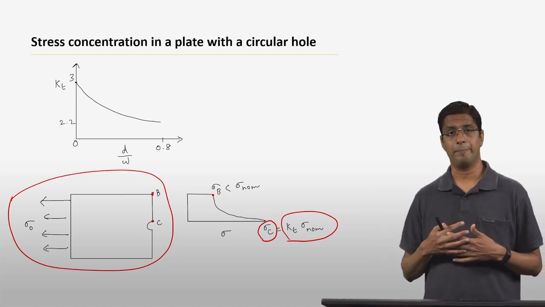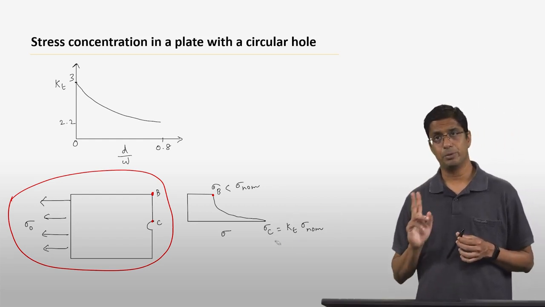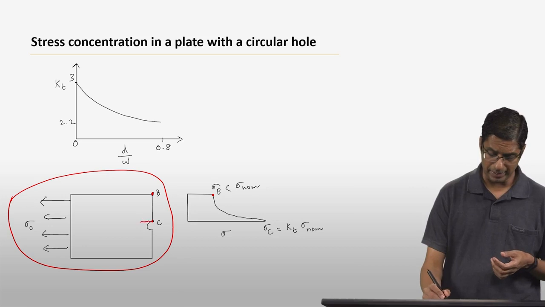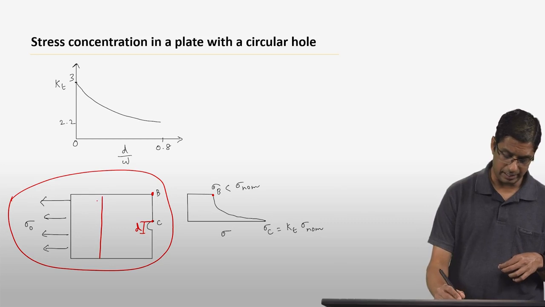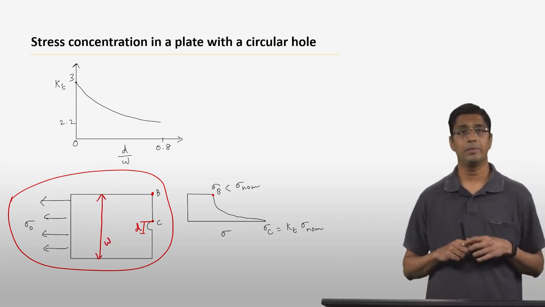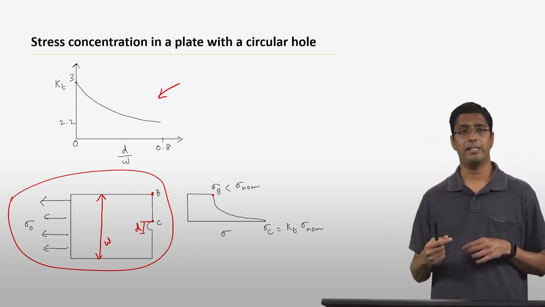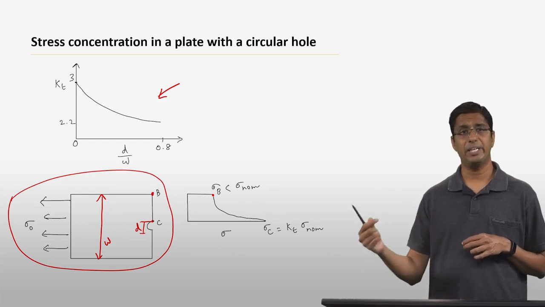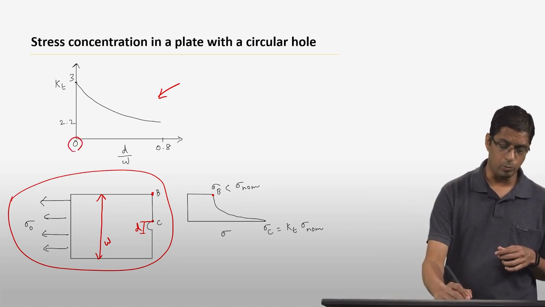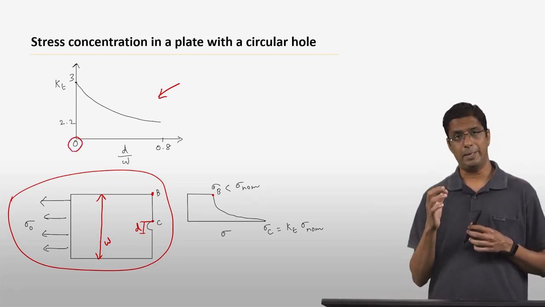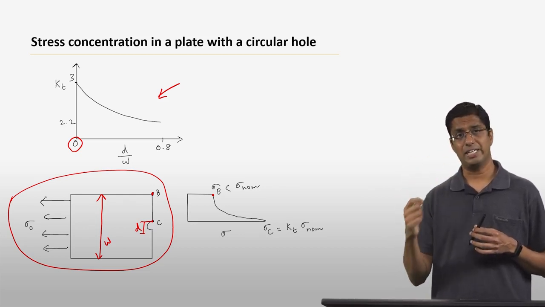Now this Kt, which is called the stress concentration factor, depends on two things. It depends on the diameter of the hole D and also on the width of the plate W. This graph here tells you how the stress concentration factor changes as a function of D over W. When D over W is equal to 0, it essentially means that you have a plate of infinite width, or a hole that is infinitesimally small.